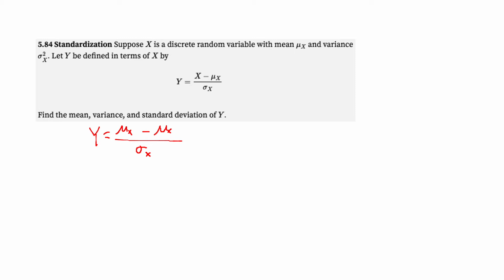So what this tells us is that the mean of X, which will be the mean of Y, is going to transform us to a place where Y is equal to 0. Okay, so 0 over the standard deviation of X is equal to 0. What this means is that no matter where the mean is for X, this process is going to transform Y to have a mean of 0. Okay, so mu of Y is going to be equal to 0.